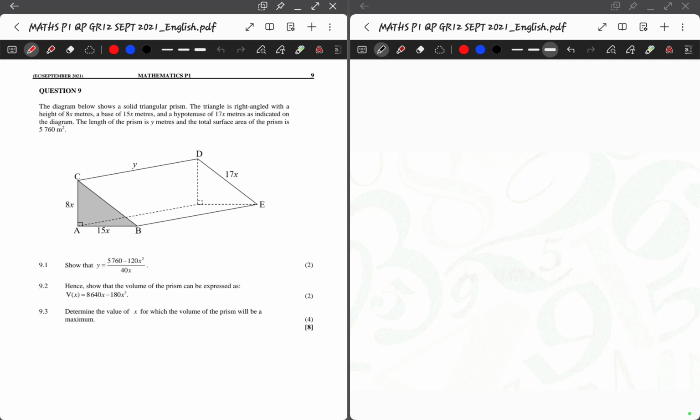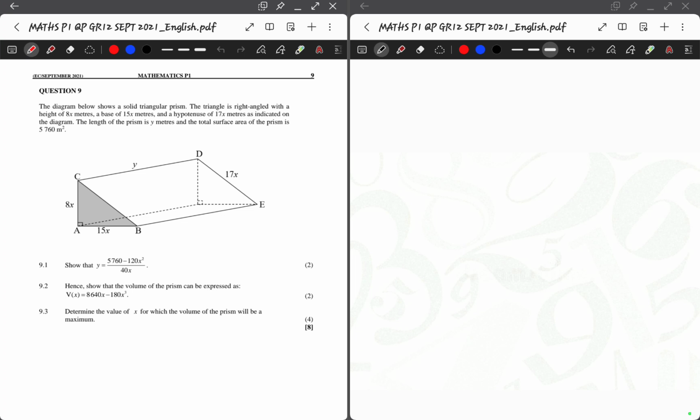We are given that the diagram below shows a solid triangular prism. The triangle is right angled with a height of 8x meters, a base of 15x meters, and hypotenuse of 17x meters, as indicated on the diagram.